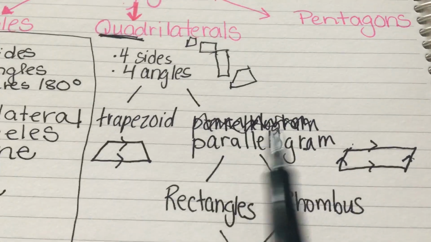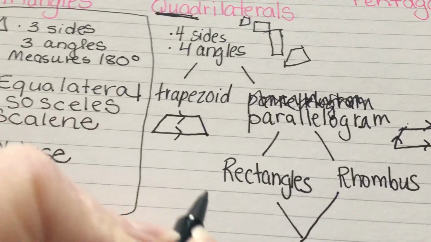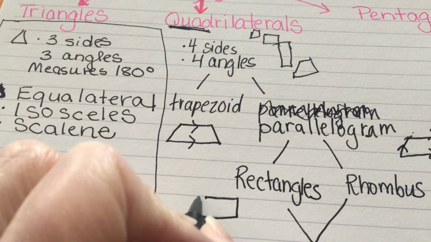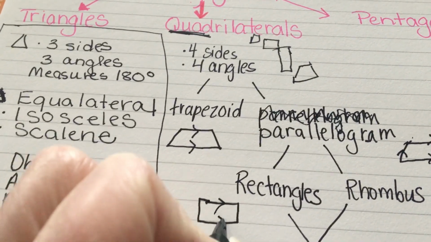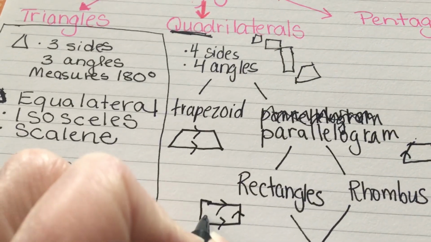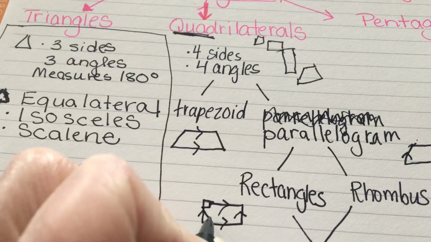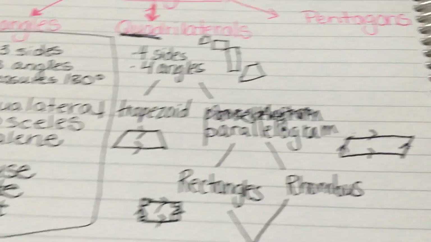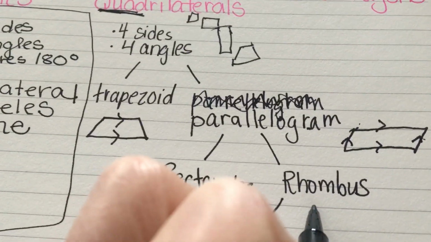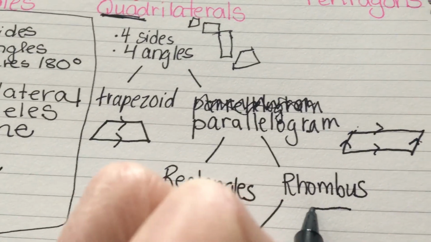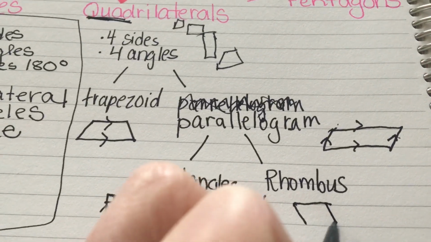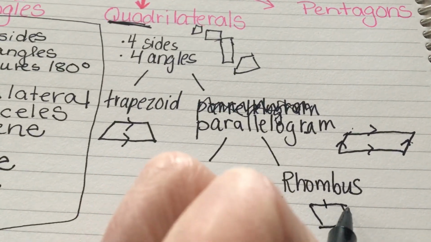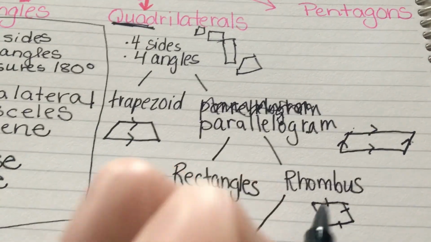But also a parallelogram could be a rectangle, and a rectangle is a parallelogram because it has two sets of parallel sides, but a rectangle is special because it also has four right angles, okay? A rhombus is also a parallelogram because its opposite sides are parallel, but something special about a rhombus is all of its sides are equal.